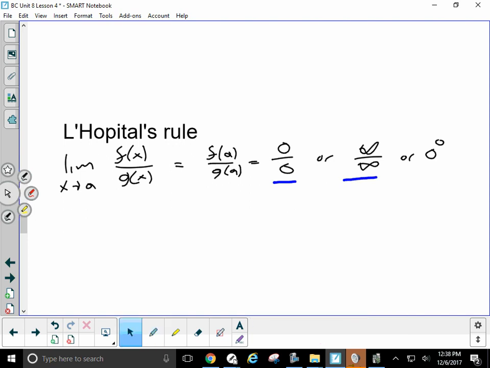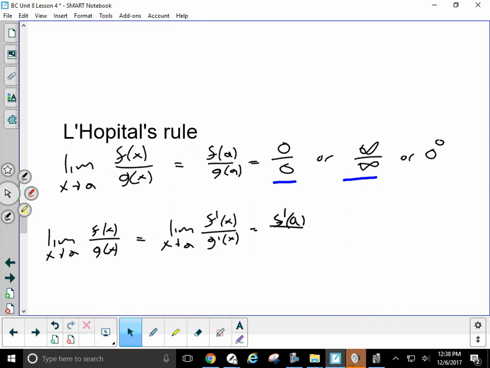He discovered that finding this limit is actually going to be equal to the limit as x approaches the same value of the tangents to those functions. So it's just the tangent slopes to the functions, which will just be equal to f prime of a over g prime of a.